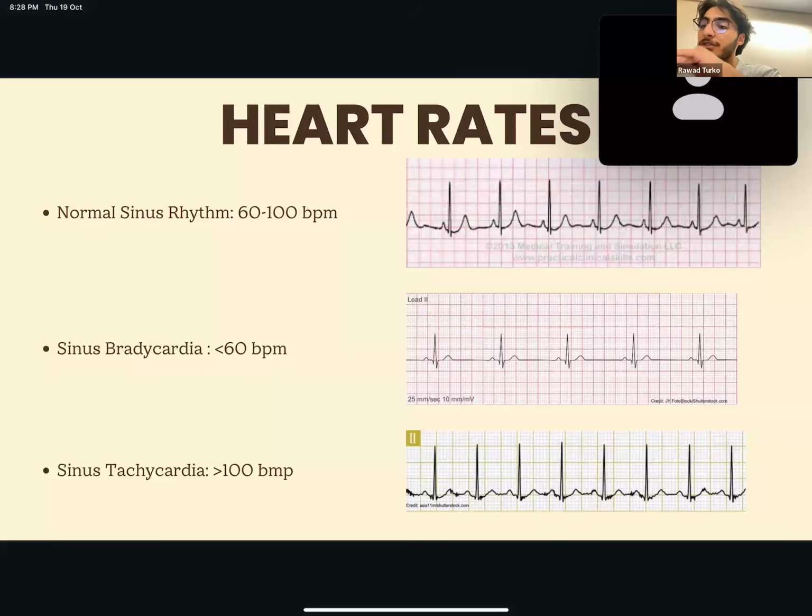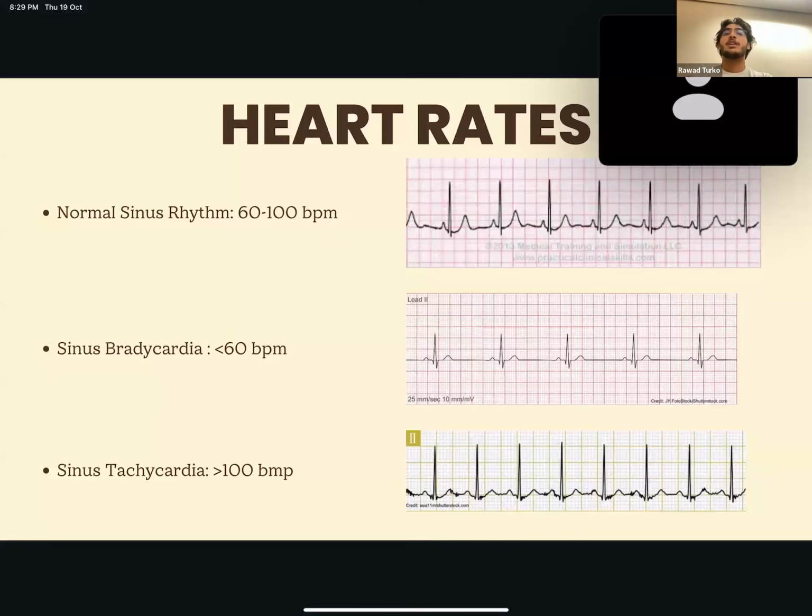So you could try later on your own time, if you would like to go back and read through these slides, to measure out the heart rate in that second ECG trace. It should be less than 60 beats per minute. That's sinus bradycardia.